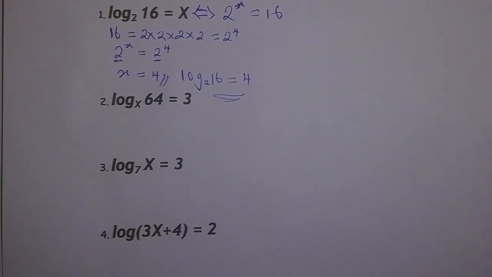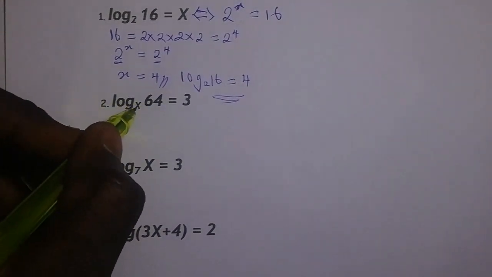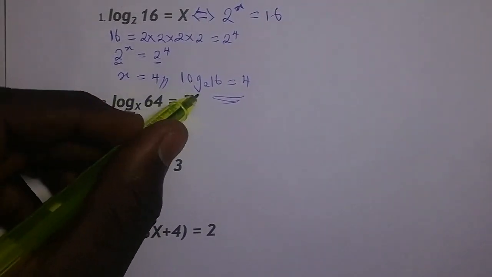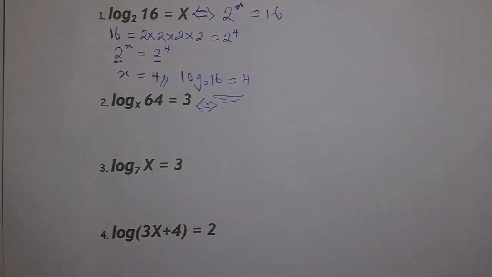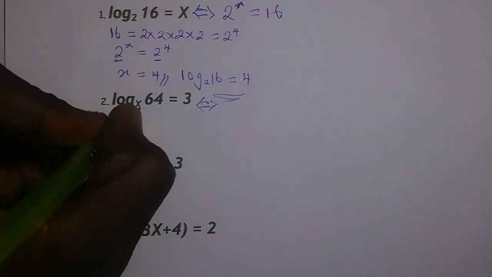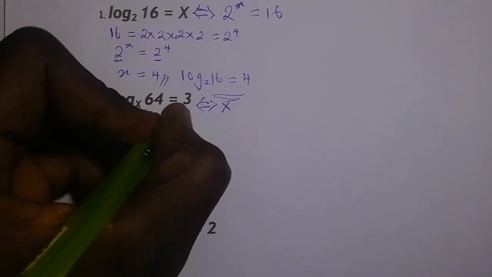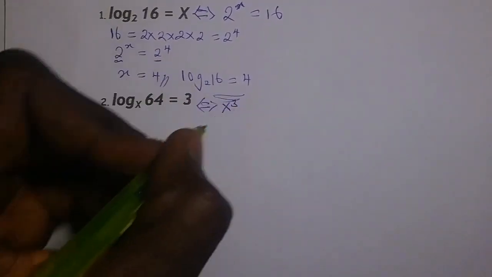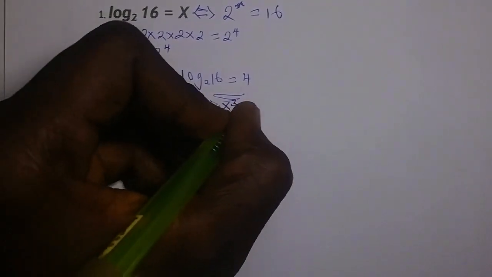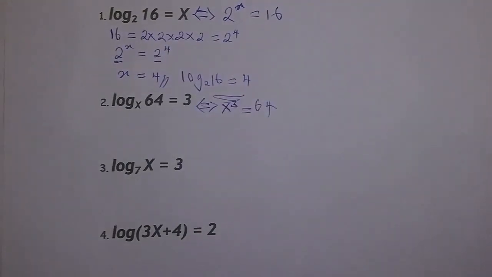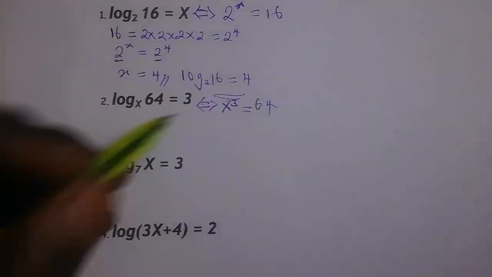Looking at number 2, it says log to base x of 64 equals 3. Writing it in index form, we get the number in the middle, x, power the number on the opposite side, 3, equals 64. So x power 3 equals 64.